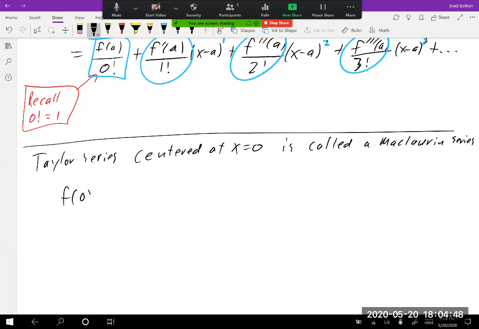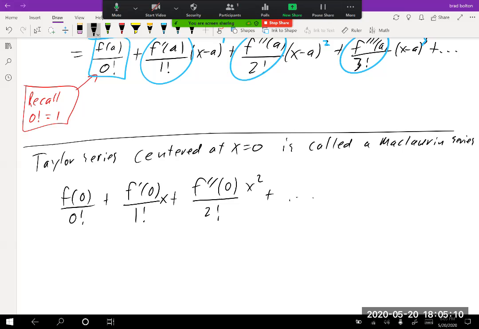f of 0 over 0 factorial plus f prime of 0 over 1 factorial plus, oops, I'm forgetting an x right here, sorry about that, plus f double prime of 0 times x squared over 2 factorial, and so on and so on and so on. There's no x minus a, because if you think about it, x minus a would be x minus 0, which is just x.